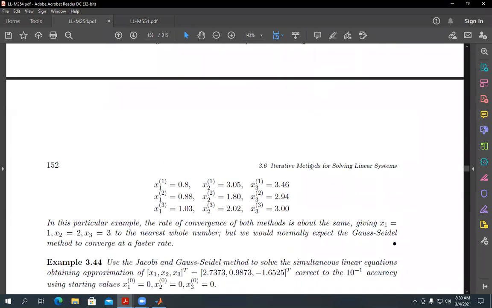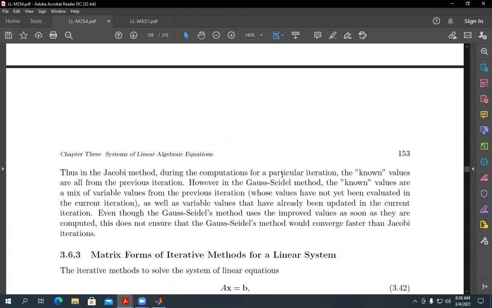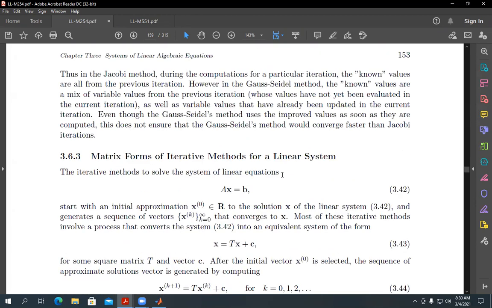Now, before I give you the condition for convergence, what is the condition of convergence for the linear case, in chapter 2?